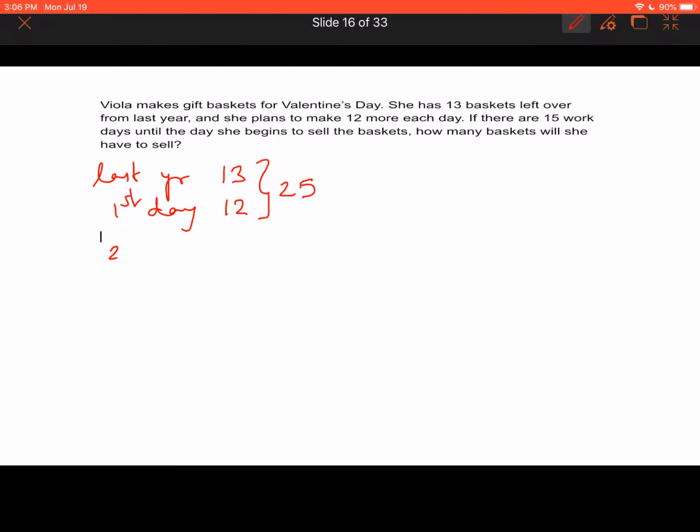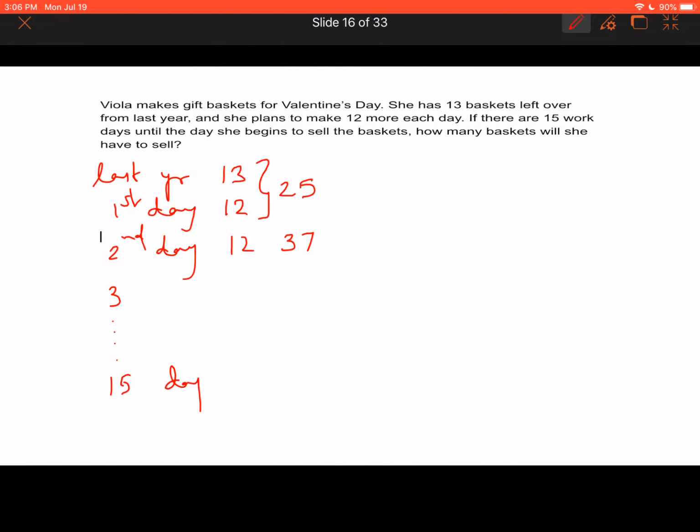So second day she'll be making another 12, so it will be 37, and the third day and the fourth day, like that, she'll be doing till 15 days, right?